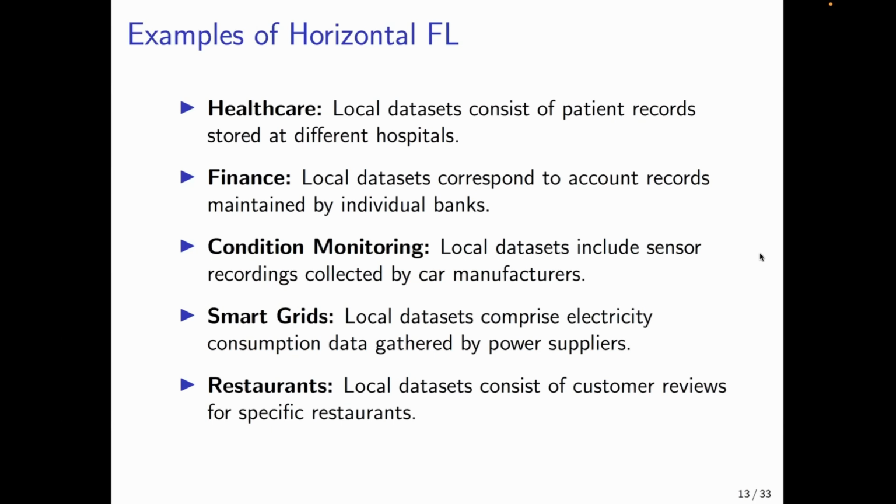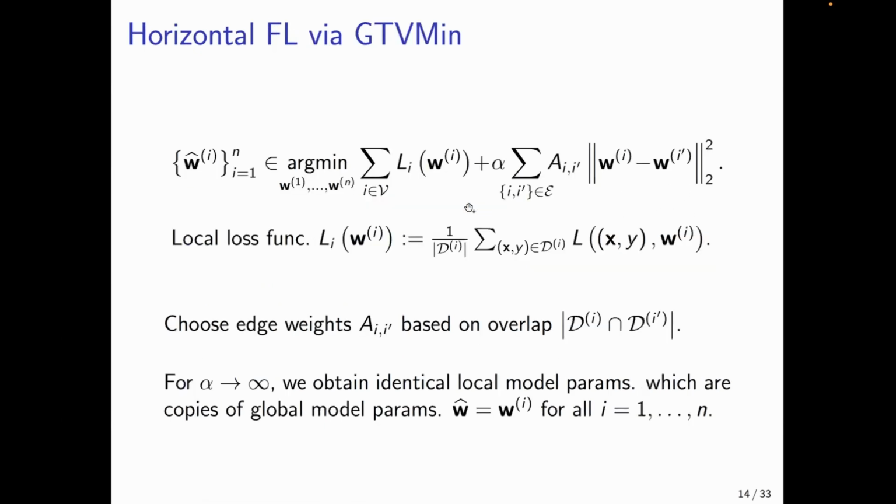Another question, is there a way to measure how much two data sets are similar, the amount of overlap, in a privacy-preserving fashion? Yeah, very good point. So I don't know actually how to compute the overlap between two hospitals in the most privacy-friendly way.